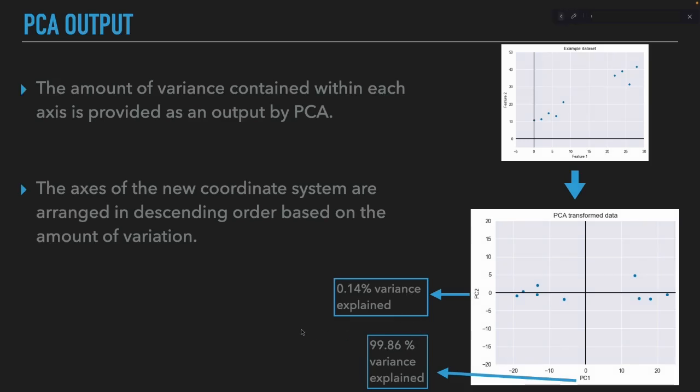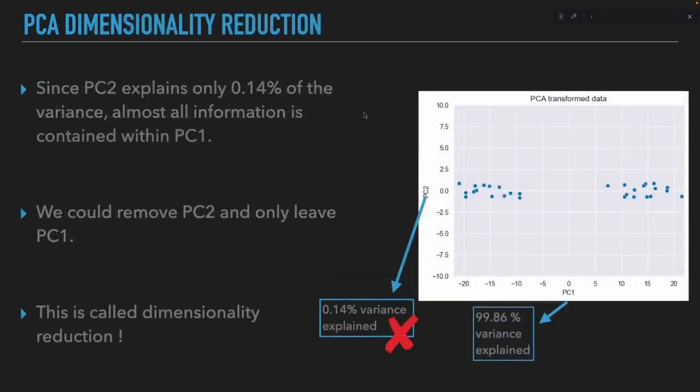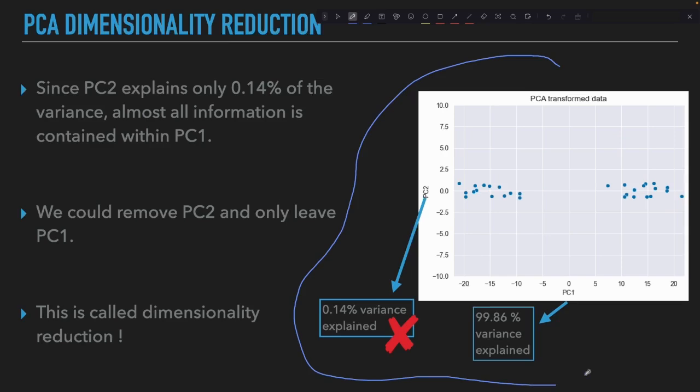And furthermore, these principal components will be ordered based on the percent of variation they explain. And we can use this property in order to perform dimensionality reduction, which is one of the main traits of principal component analysis.